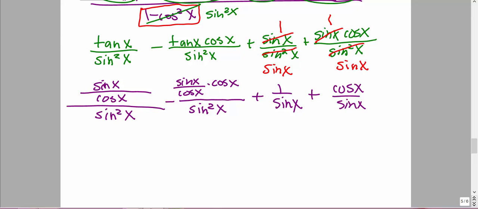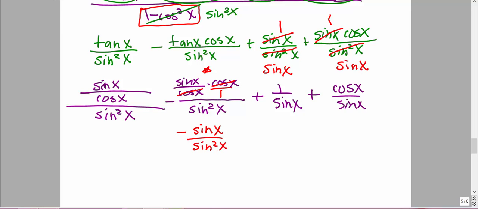Now we have complex fractions, but actually this middle fraction, I noticed that cosine x will directly cancel out. As soon as I rewrite tangent as sine and cosine, cosines end up canceling each other out on the top of that fraction. So we end up with sine x over sine squared x.